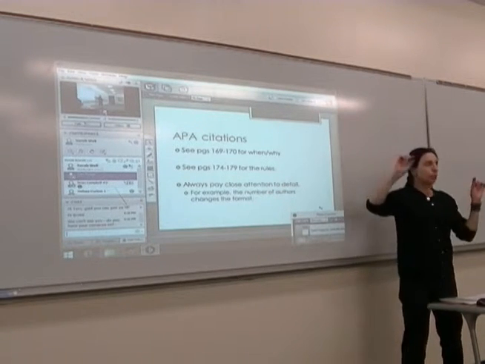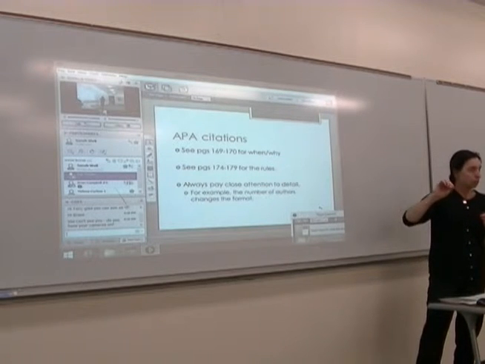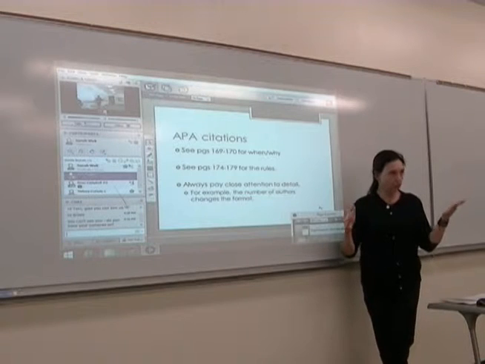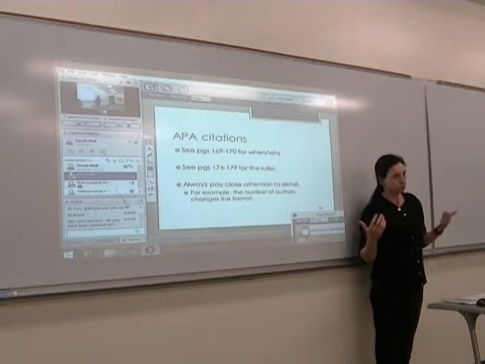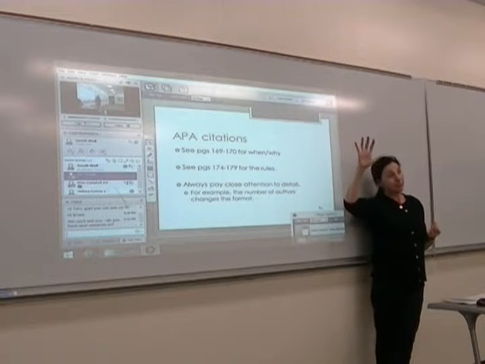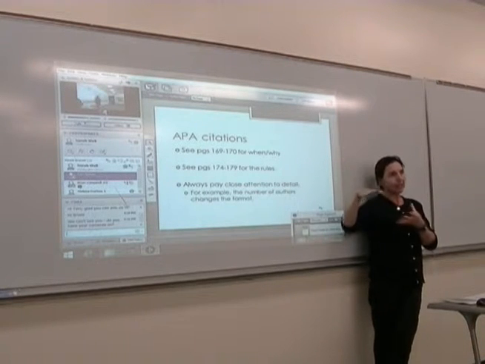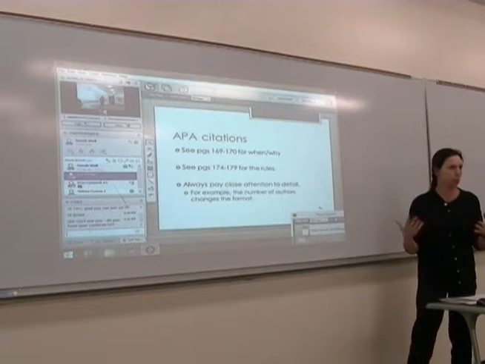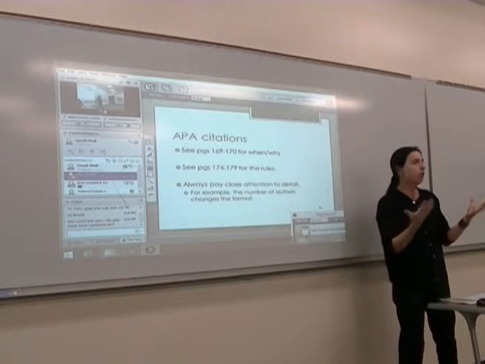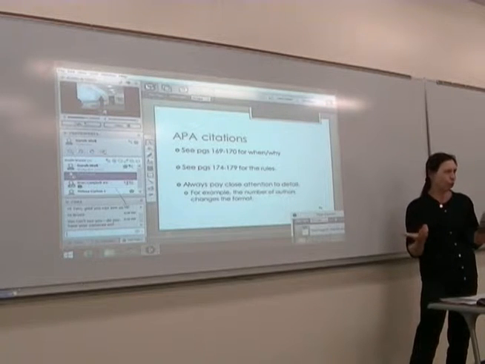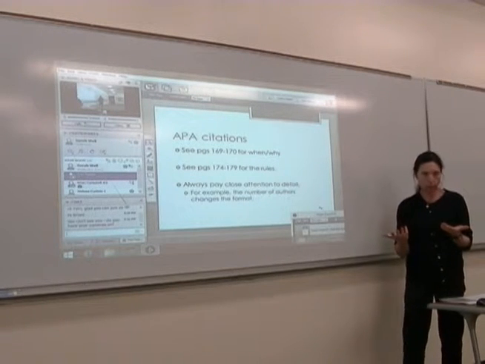If it says it's a reference list, everything on the reference list has to be in the article and vice versa. If they call it a bibliography, that means there might be things in that list that they didn't use. That's the technical difference between a bibliography and a reference list. A lot of people interchange those two, but really they're not quite the same thing. Okay?